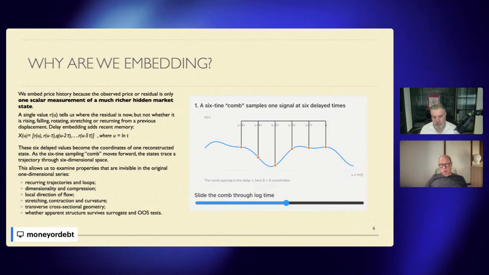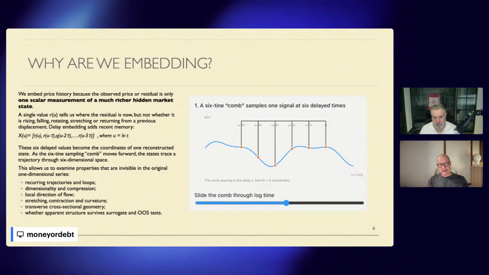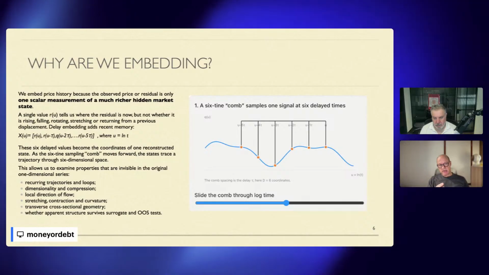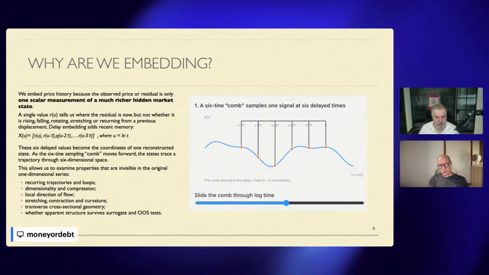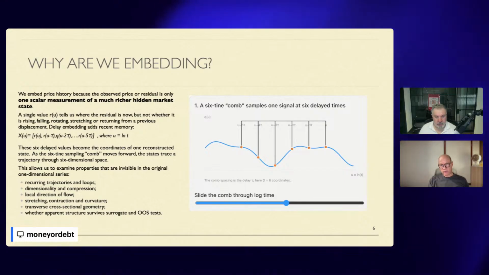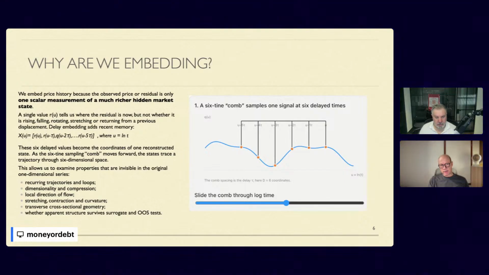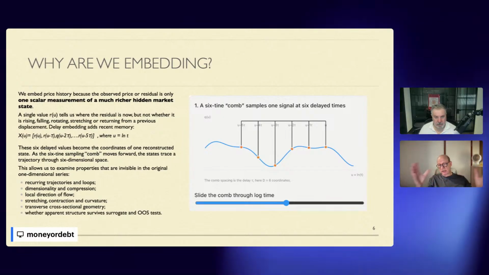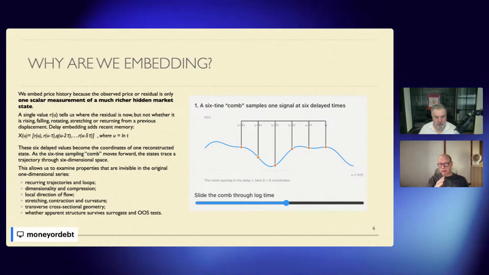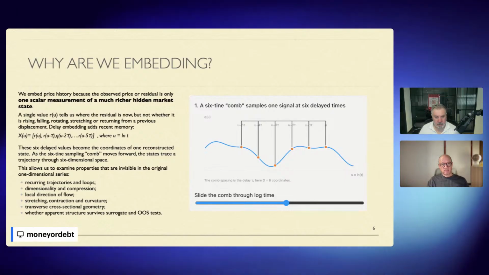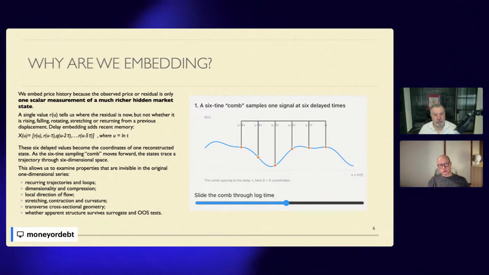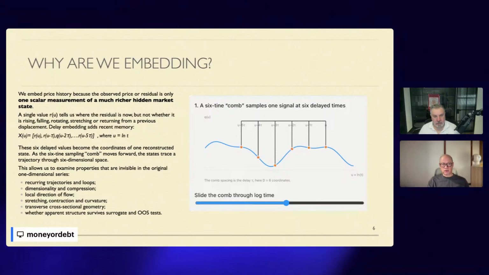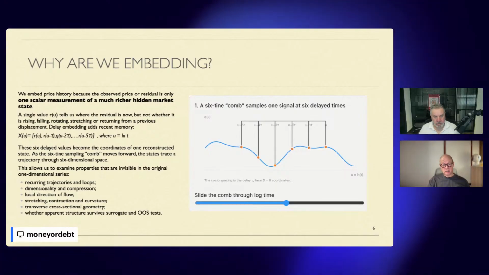But more importantly, by using this embedding, we can find, are there recurring trajectories? Are there loops? What's the dimensionality within that 6-dimensional state space? Is it a big cloud that's random, or does it occupy some particular volume? Do we have phases of compression or stretching and contraction and curvature, stress and strain?